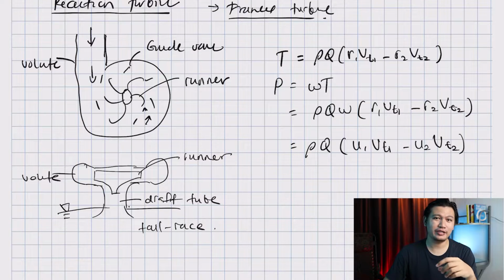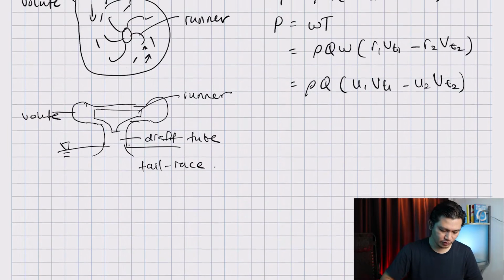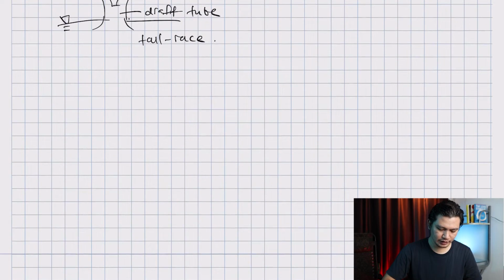Now, before we go any further into the equations, let's draw the velocity triangle so that you can visually see what the components inside these equations are. If I draw again the component inside the volute of the turbine, it's going to look something like this.